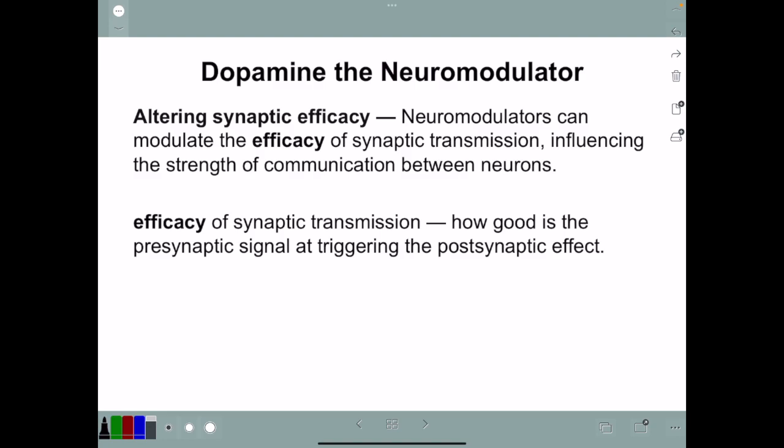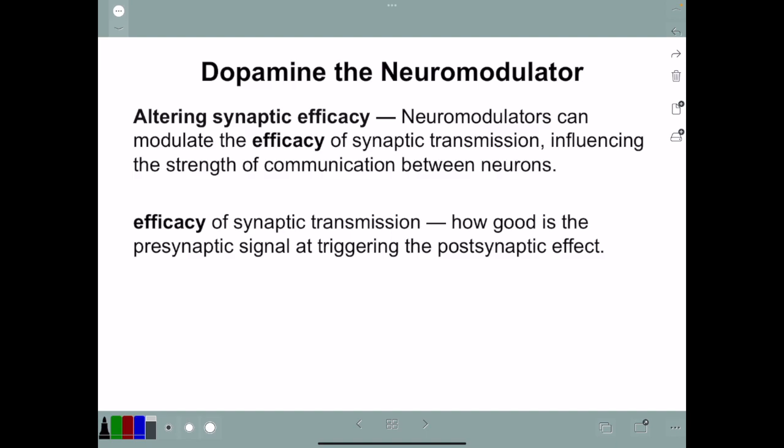Okay, let's take a look at another example, a different type of neuromodulation. So now I'm going to talk about a different general class of neuromodulation. We talked about neural excitability, how a neurotransmitter can influence how sensitive or insensitive a neuron is to starting and propagating an action potential. And so that was all about changing how a neuron sends signals within the neuron itself.